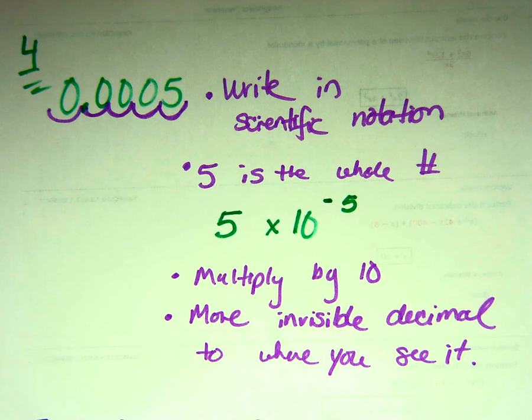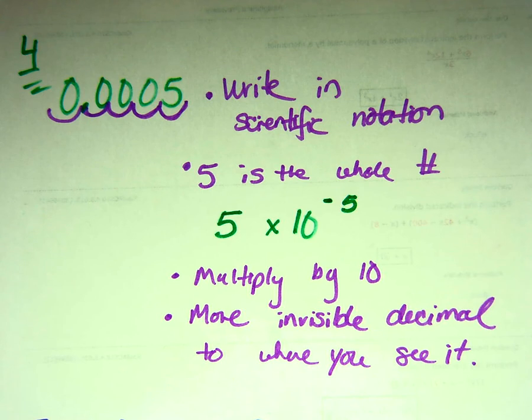So you're always going to write your whole number first. Because our number system is a base 10 number system, you're always going to multiply by 10. But the trick is your exponents. Remember earlier when I said extremely small or large numbers? Well, since this is a decimal, you automatically will assume that your exponent is going to be negative. If this was not a decimal, you will automatically assume that your exponent would be positive.